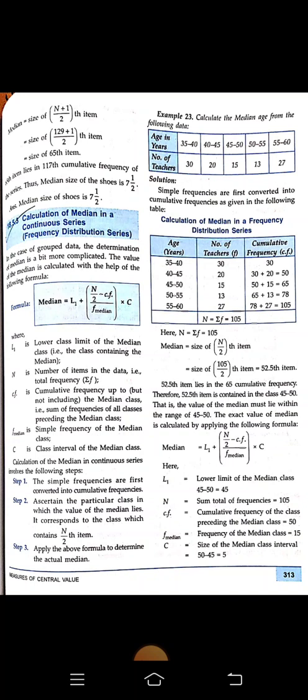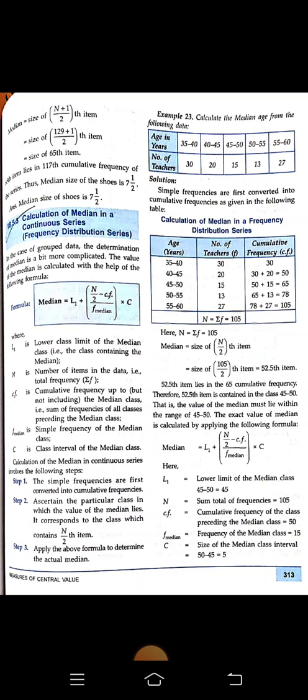You can see that the age is given in class intervals: 35 to 40, 40 to 45, 45 to 50, 50 to 55 and 55 to 60. The number of teachers is the frequency we are having, that is 30, 20, 15, 13 and 27. So n is the total number of teachers, that means the total frequency, 105.